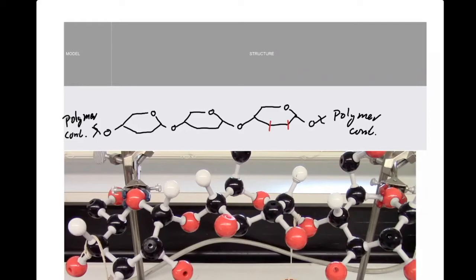And of course, we have to draw on our accompanying stuff. And it doesn't really matter what these H's and OH's are, just make sure they're in.